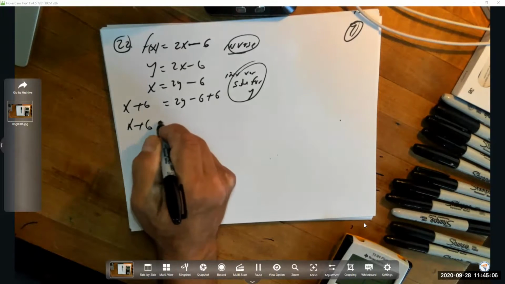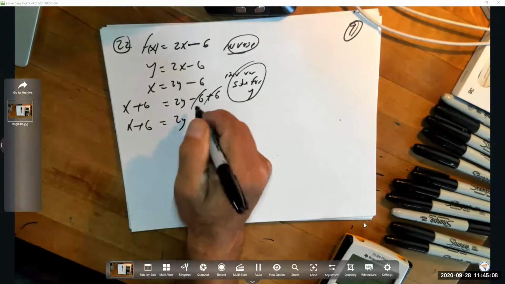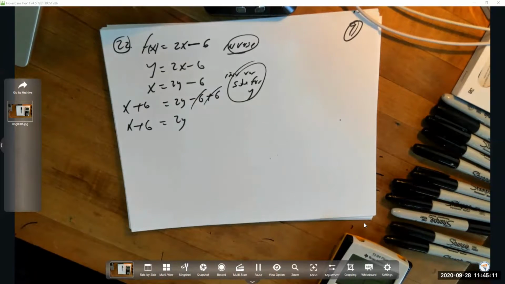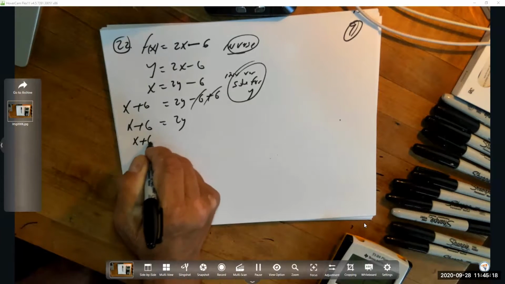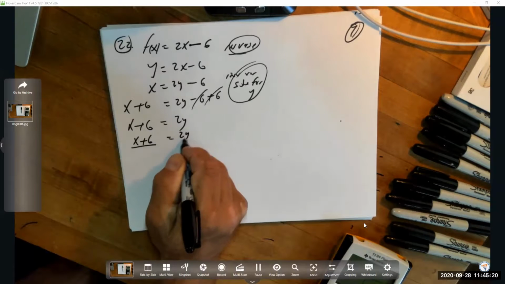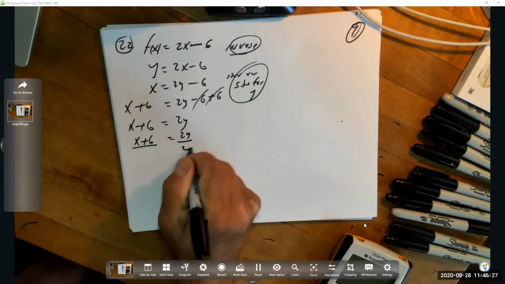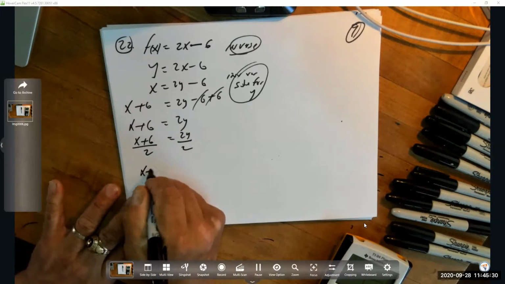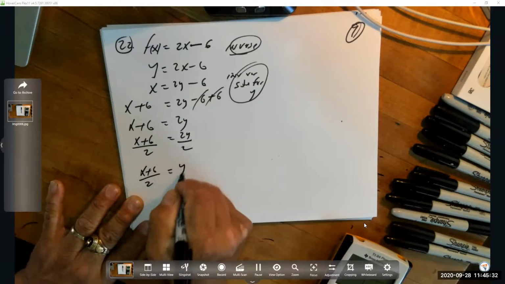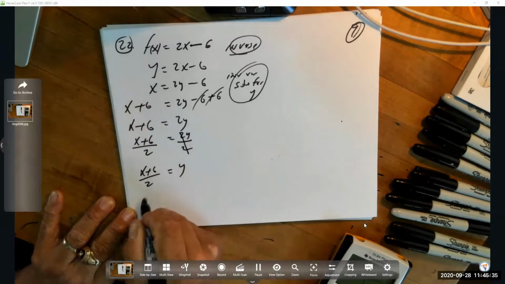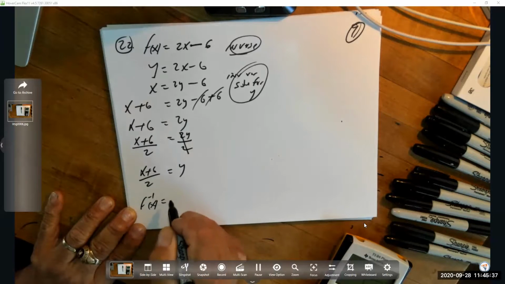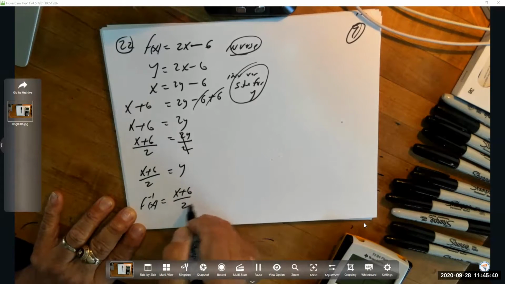So x plus 6 is 2y. Did that. Next step, divide by what? You tell me. Divide by 2. Yes. So now f inverse of x is x plus 6 over 2.